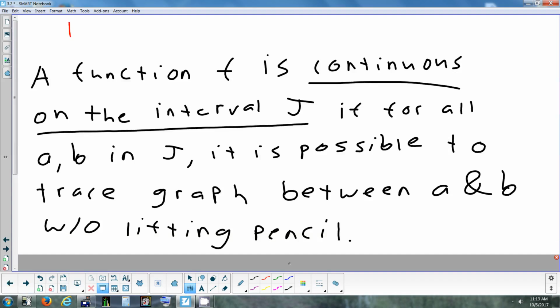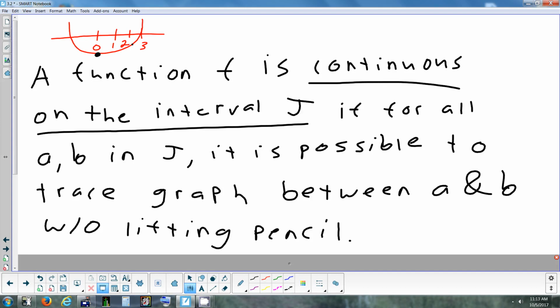If I had a graph like this, and let's call that 0, 1, 2, 3, and I said to you, give me an interval that you could trace between without lifting your pencil. Well, there's an infinite number, but let's say from 0 to 2.